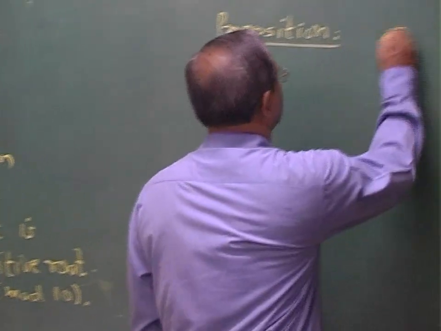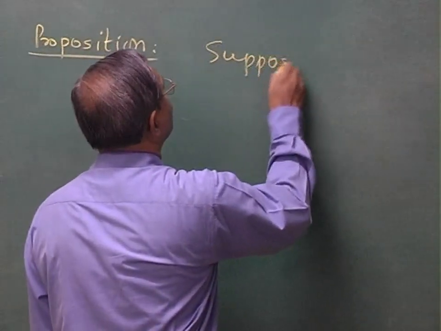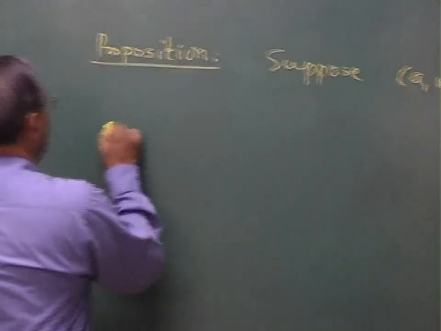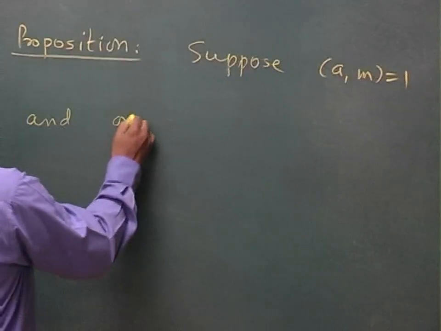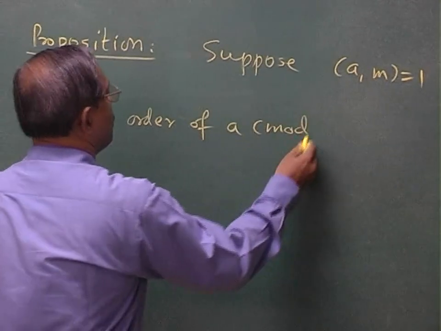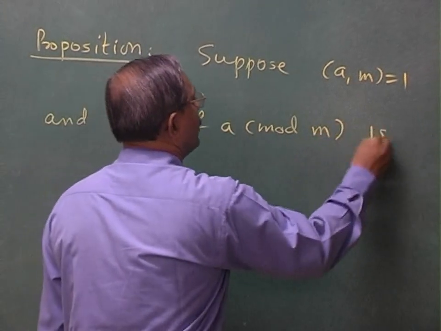Suppose a is congruent to 1, and the order of a mod m is h.